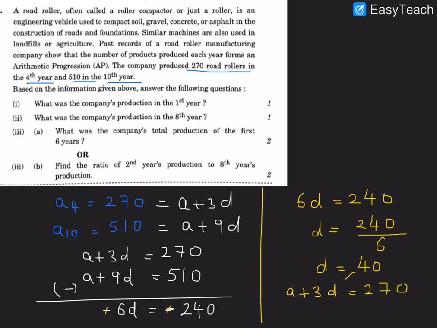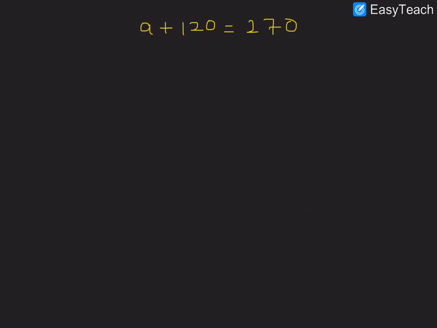Putting the value of D over here, A plus 3 into 40 is equal to 270, which gives you A plus 120 equal to 270. So A comes out to be 270 minus 120, which gives the value of A as 150.